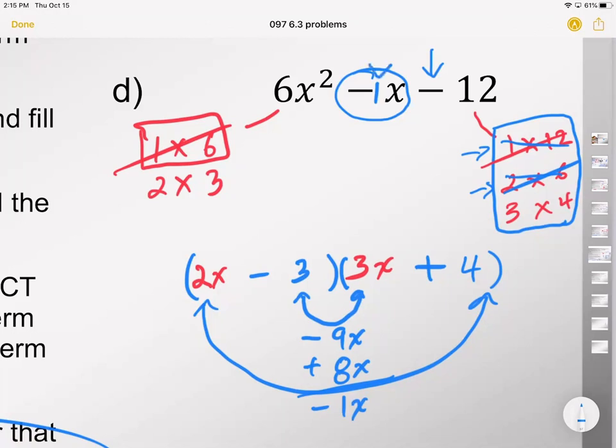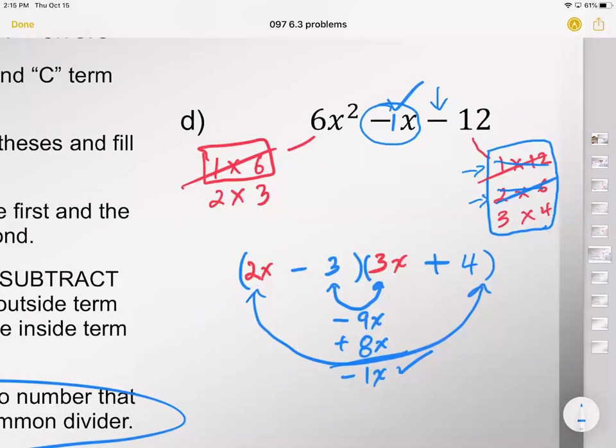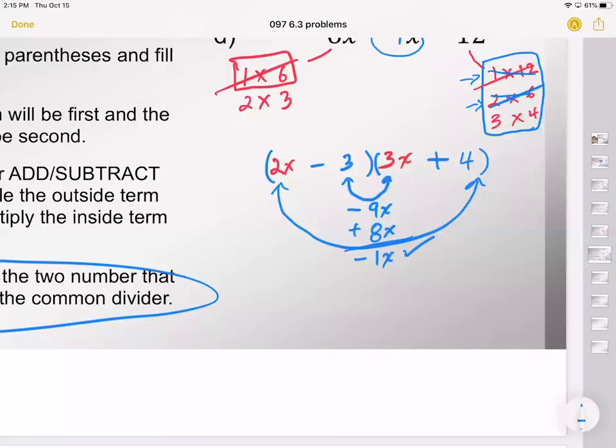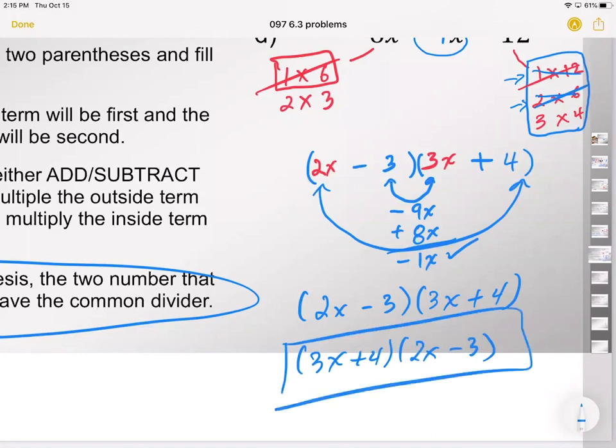So I have my -1, this item here. So now I know that my answer is basically 2x minus 3 times 3x plus 4. Or if you want to, you can say 3x plus 4 and 2x minus 3. It's either one or the other. It cannot be anything else.